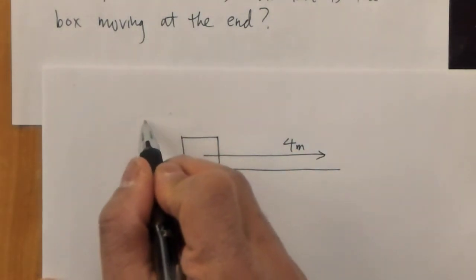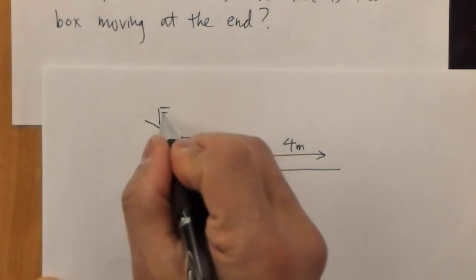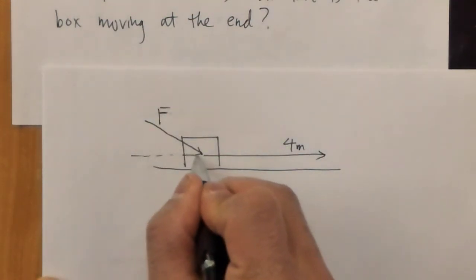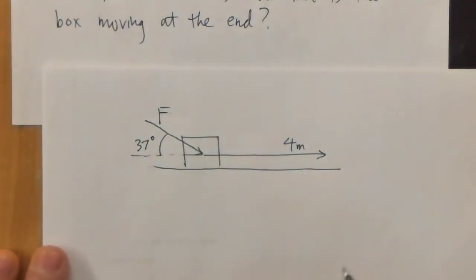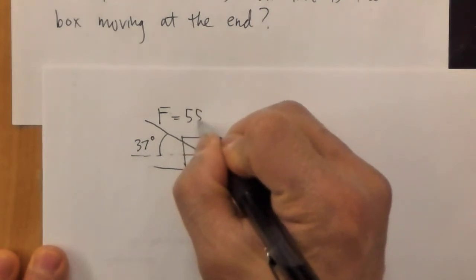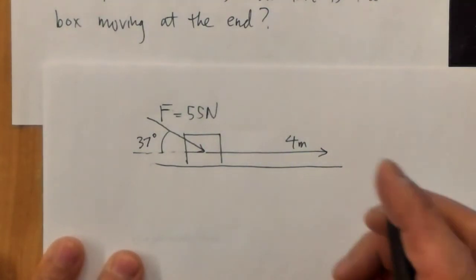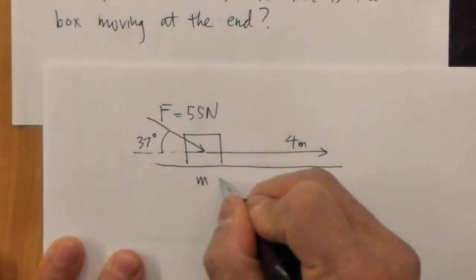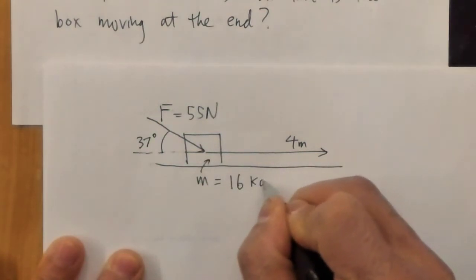And then we have a force like this, F, and this angle is 37 degrees. And let's say F is 55 newtons. And this is a horizontal floor, and this mass M here is 16 kilograms.